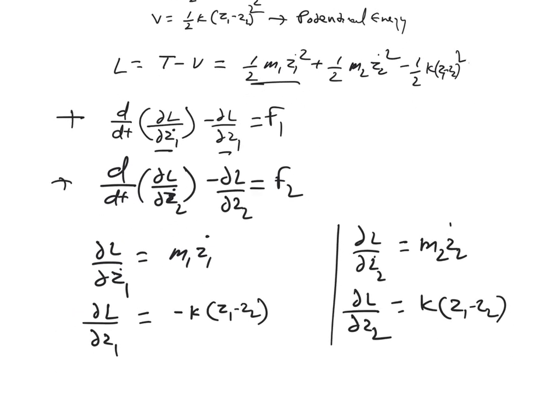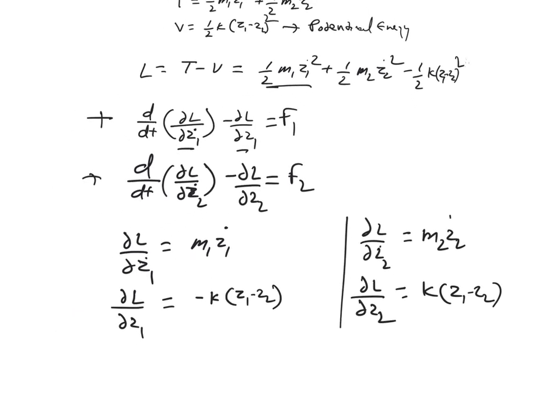Now we can replace this, just substitute these terms here. So we should get our first equation, which is the partial of the time derivative of this, right? So that will be m1, m is constant, m1 is constant, so it will be m1 z1 double dot minus this, so that will be plus k (z1 minus z2) equals f1.